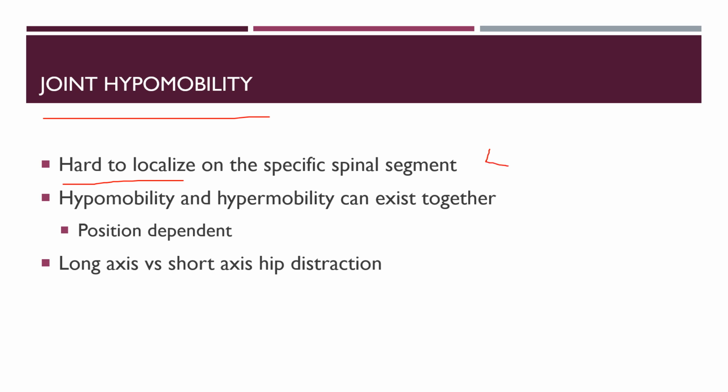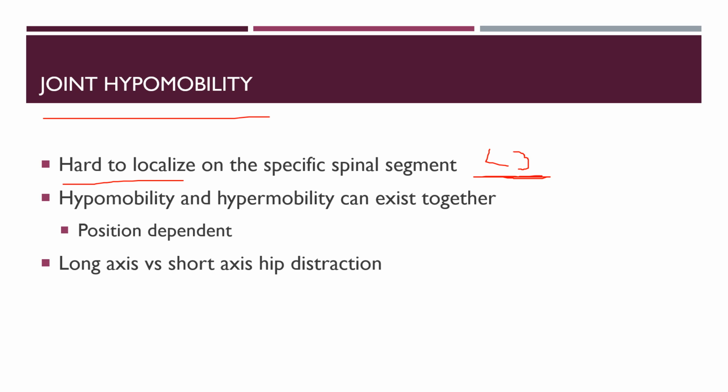So if somebody has decreased movement at L3, and you perform spinal traction, you're not just going to mobilize that segment, you're also going to mobilize L4, L5, higher up into the lumbar spine. So it's very difficult to just mobilize that one segment.